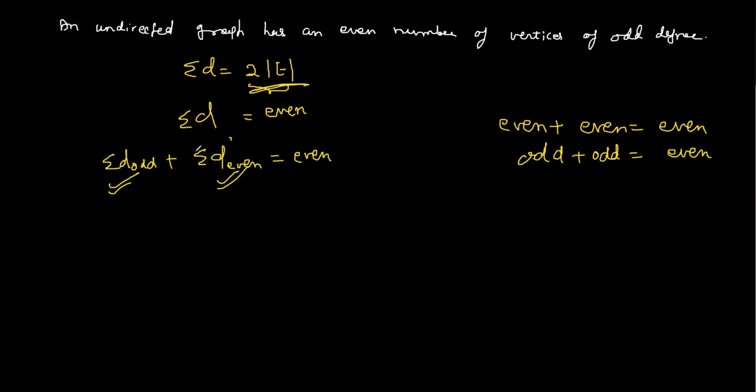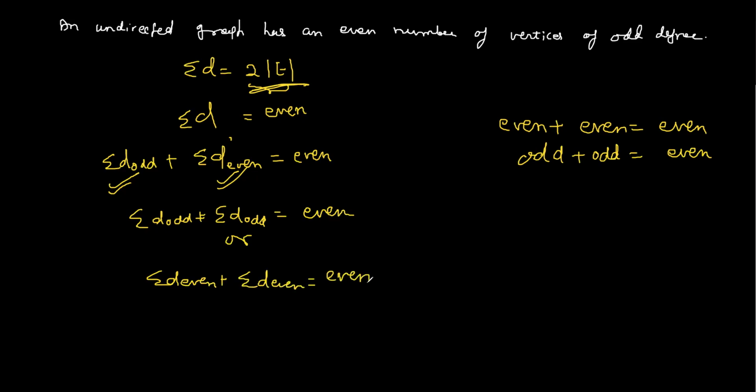So you can say the odd number of vertices plus the odd number of vertices have even degree, or even number of vertices have even degree. So this is the theorem: an even number of vertices of odd degree, right? Understood?